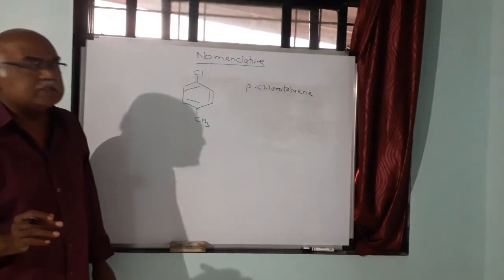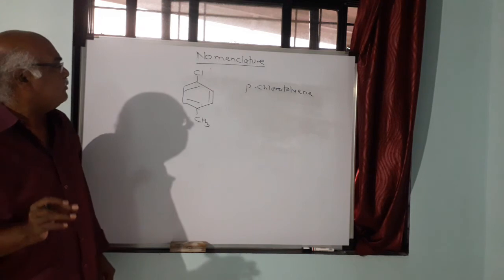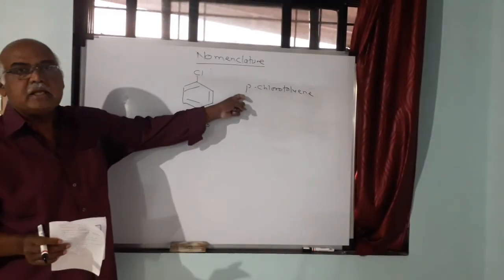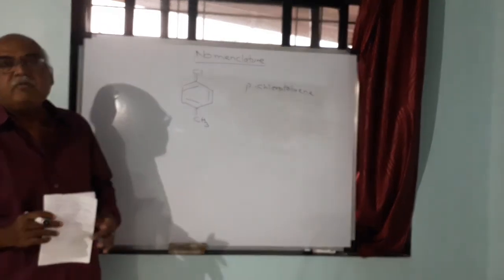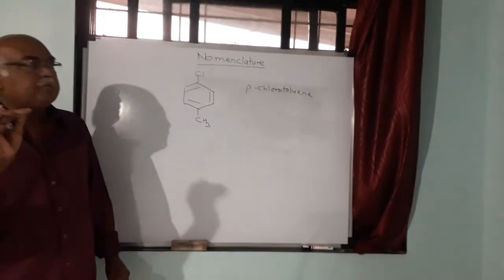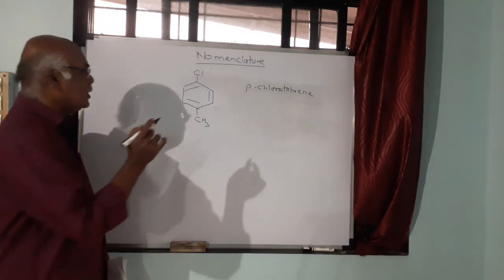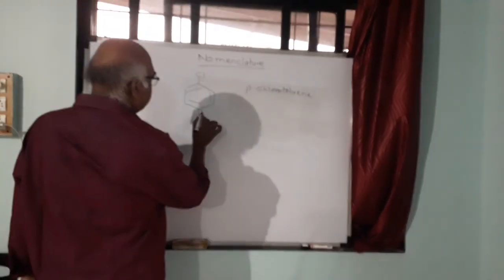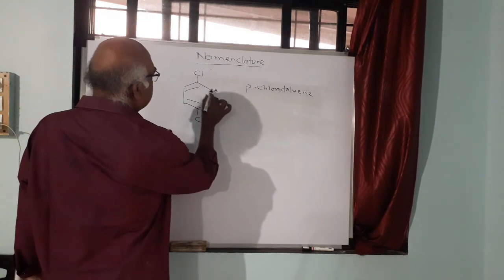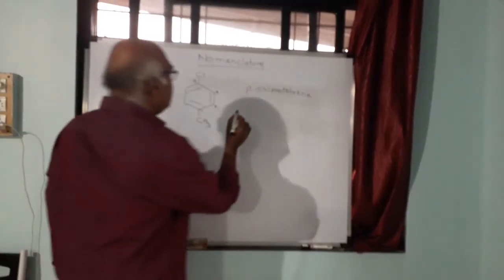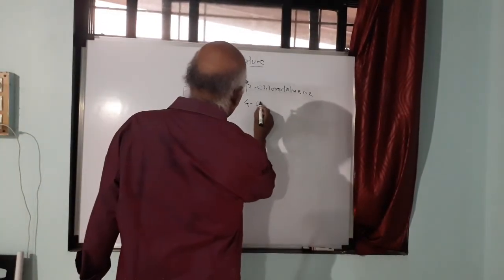And in the IUPAC system of nomenclature, we don't have to say ortho, meta or para. We have to give the positions by indicating them by number. Okay, so I will start numbering like this: 1, 2, 3 and 4. On position number 4 there is chlorine, so this will be 4-chlorotoluene.